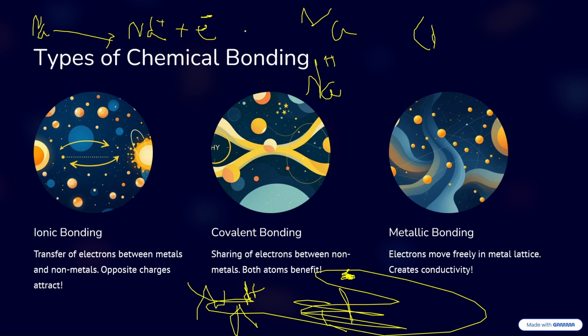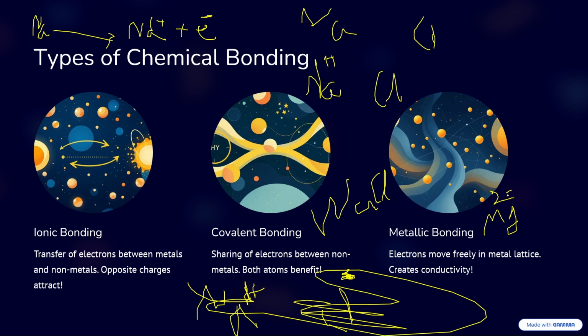It loses one electron, right? Now after losing one electron, this electron is taken up by Cl because Cl needs one electron to become stable. So NaCl made a bond here because the electron lost by Na is gained by Cl.